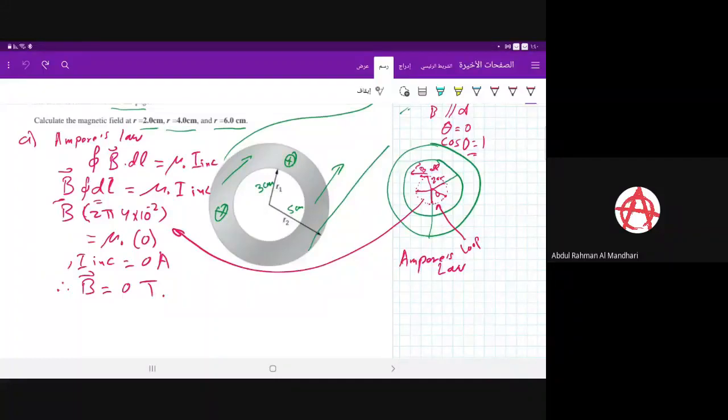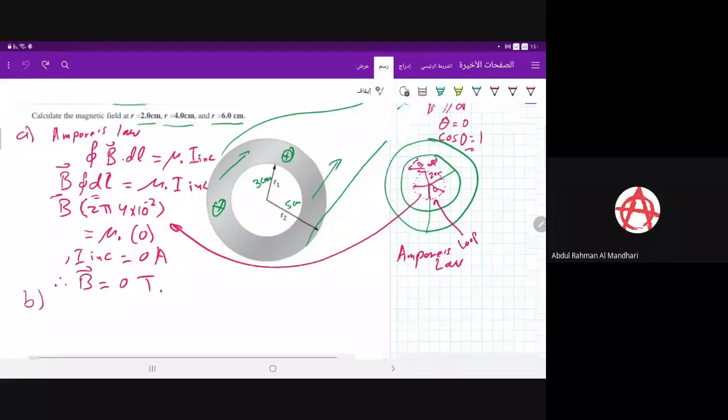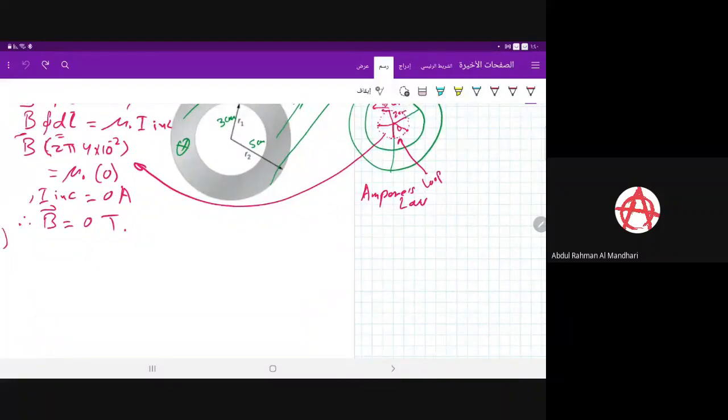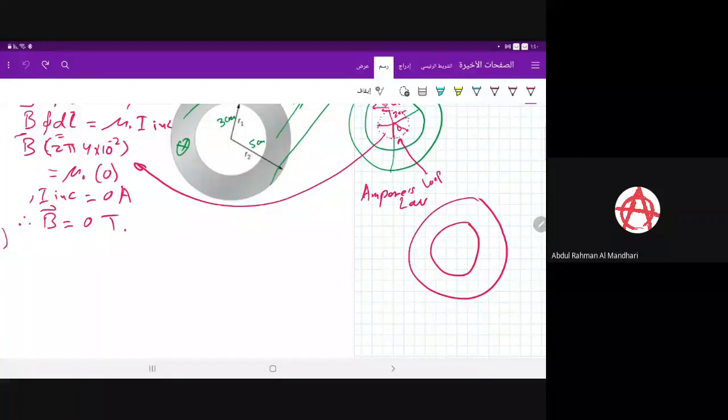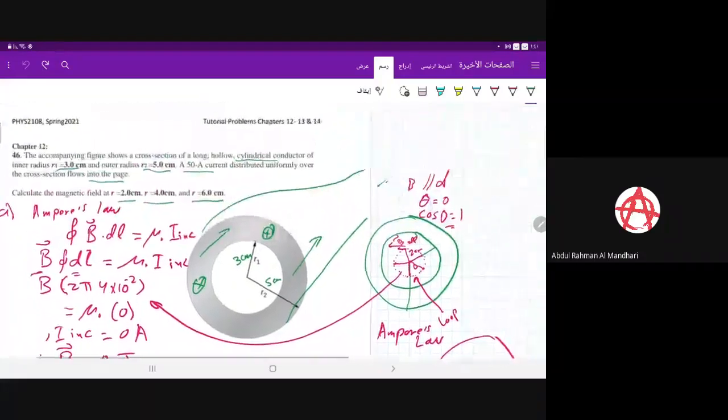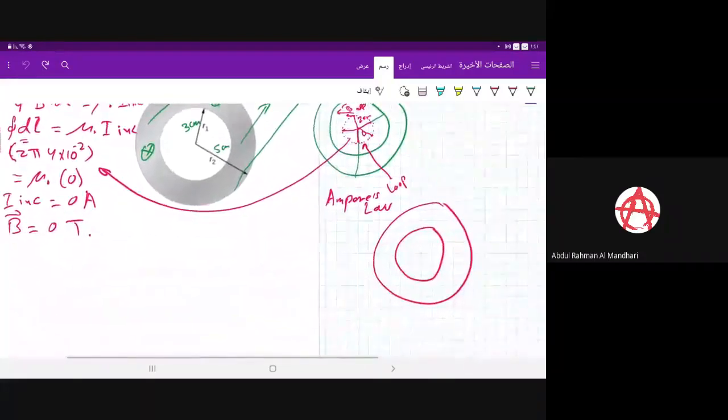Now let's start and solve the second situation, B. Let's draw again, another drawing here, and I will change the color, making it green in this case. Now R is 4 centimeters. We know that this is 3 centimeters and this is 5.